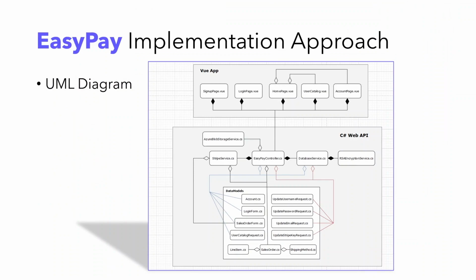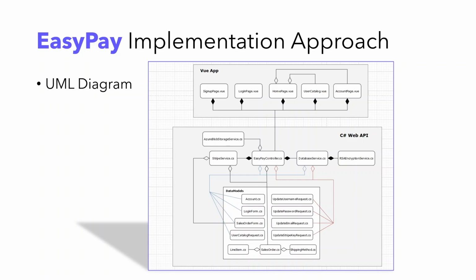Here is the UML diagram in our EasyPay app. So a couple things: we have the Vue app in the front, topmost. On the bottom side, we have the C# API, and you can see most of our data models exist in the C# API.